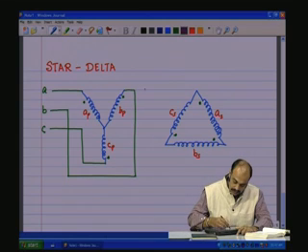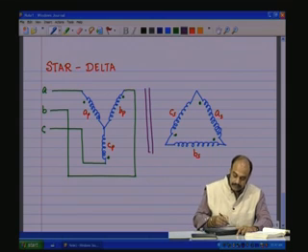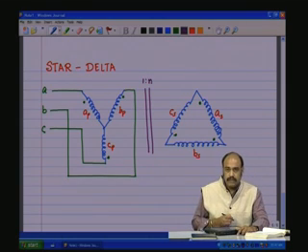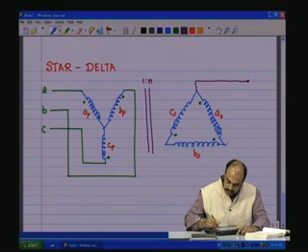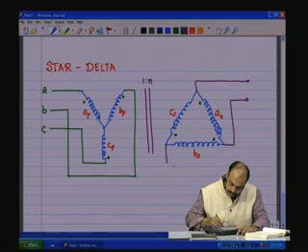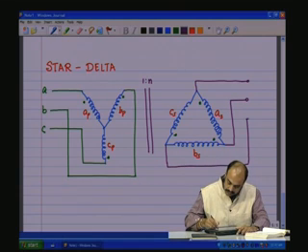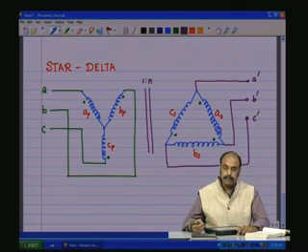Now, there is induction, turns ratio 1:n between the phase coils of the primary and the secondary, and the secondary is connected to a three phase balanced load in this fashion, and we will call that one as A prime, B prime, C prime.